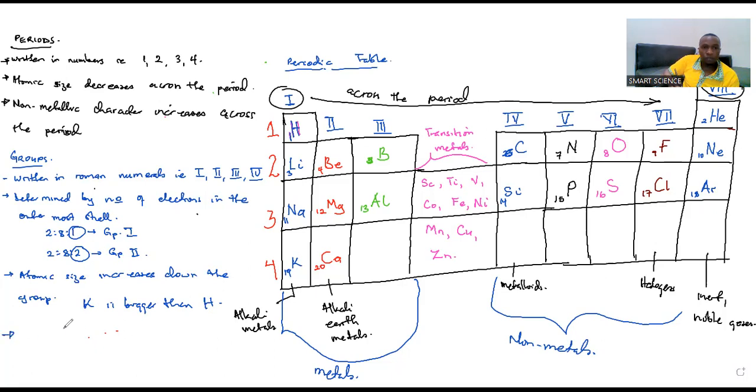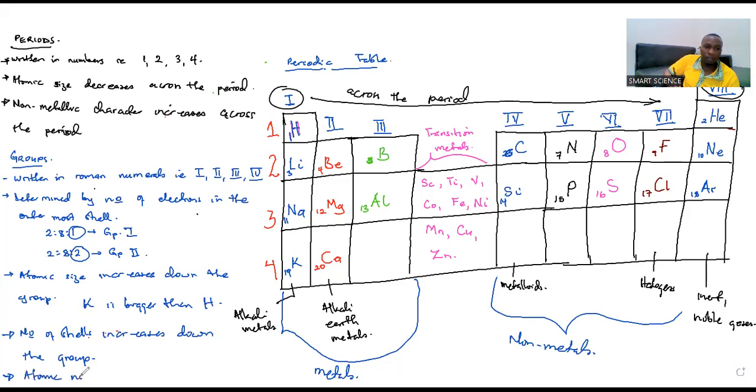As we continue to discuss more characteristics of elements in particular groups, you will find out that number of shells increases down the group. So as you move from hydrogen to potassium, you increase the number of shells around the nucleus of an atom.